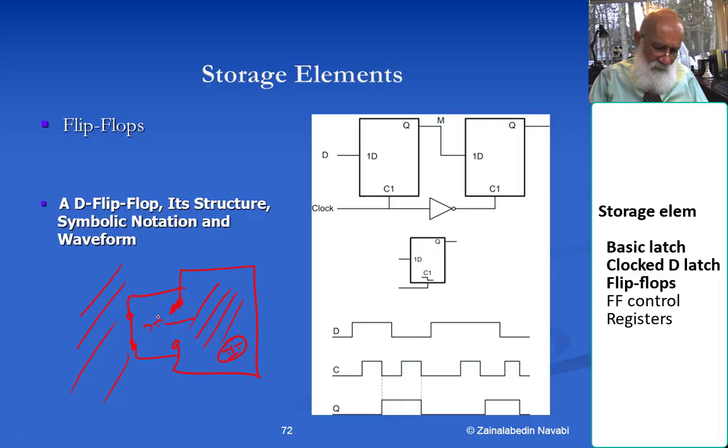As soon as the person comes inside, this door closes, this door opens again, and therefore there will be no time that you have a transparency of airflow between the outside and the inside. And the concept of flip-flop is exactly the same way. Instead of having one latch, you have two latches.